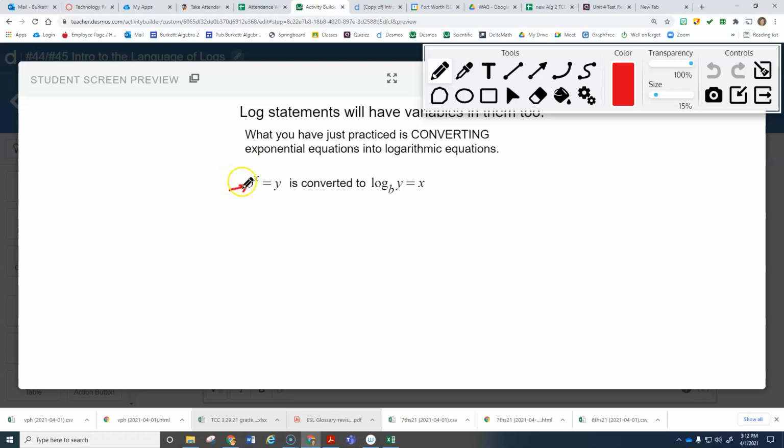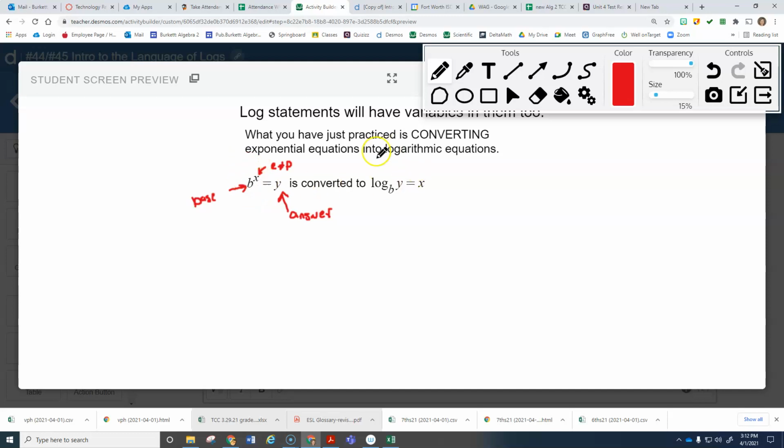You've got right here, that b is called the base. That's the base. This is the exponent. And this is the answer to the exponential equation. This is the answer. Okay? So here's what I need you to understand.